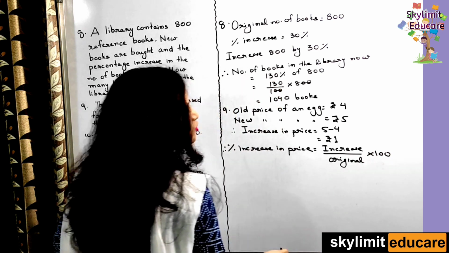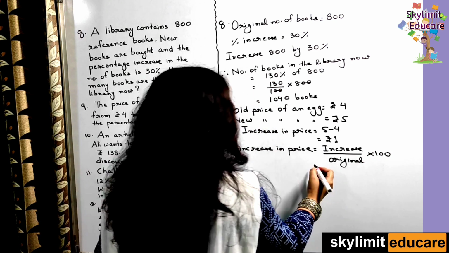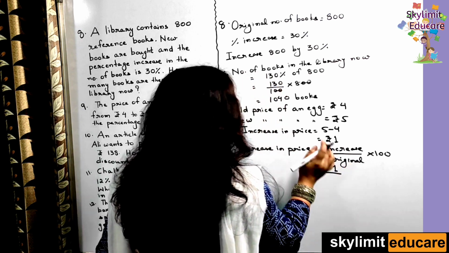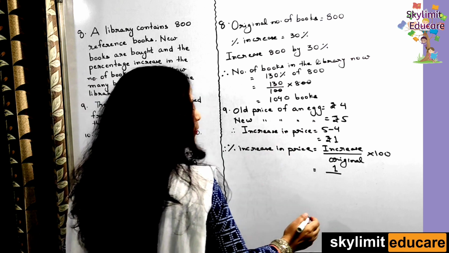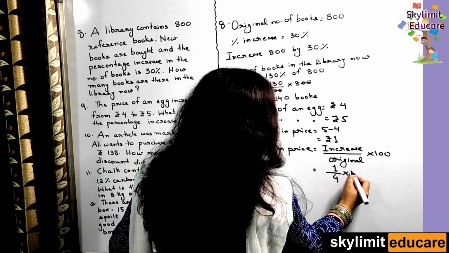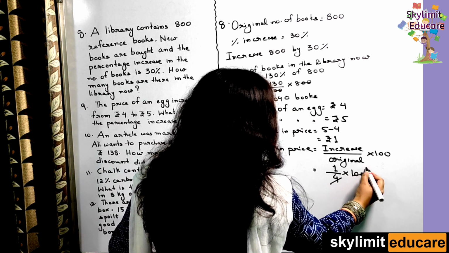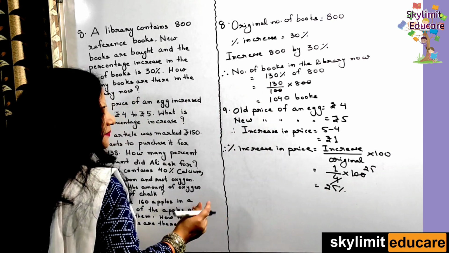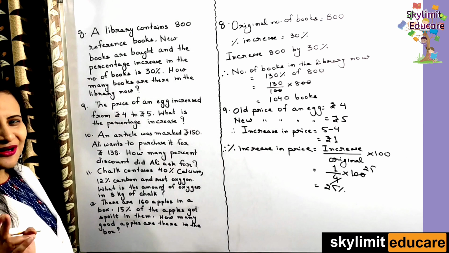Since you are finding the percentage, you have to multiply by 100. What is the increase in the price? The increase in the price is rupees 1. What was the original price of the egg? It was 4 rupees, multiplied by 100. So that is 25%. The price increases by 25%.